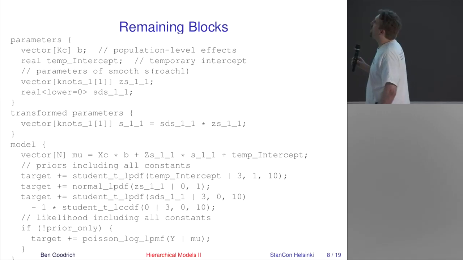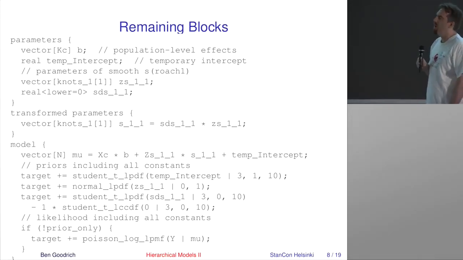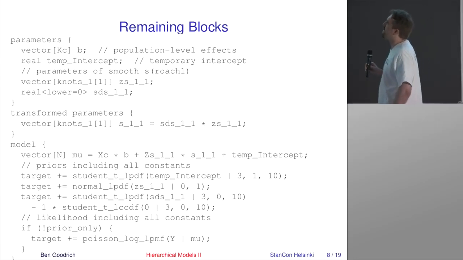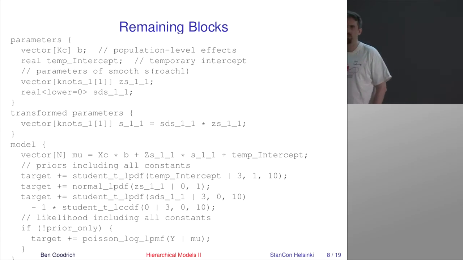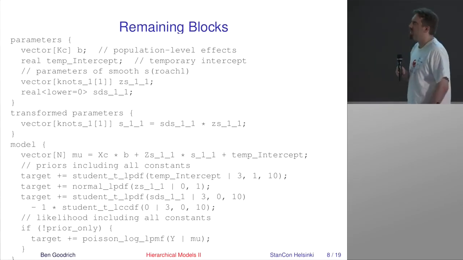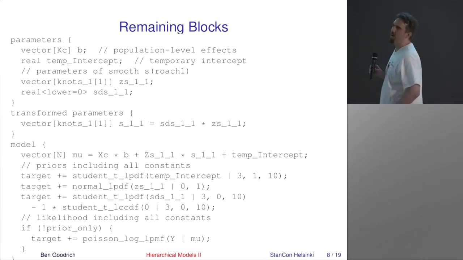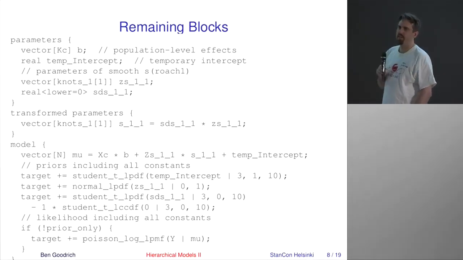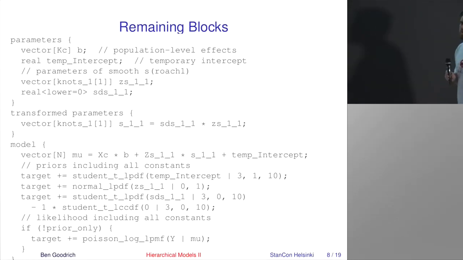So we have the number of coefficients. This corresponds to one per column of the centered X matrix. We have the intercept that corresponds to the centered predictors, which is called temporary intercept, and actually in the generated quantities block, which you can't see here because it got cut off, there's a transformation that basically undoes the centering.